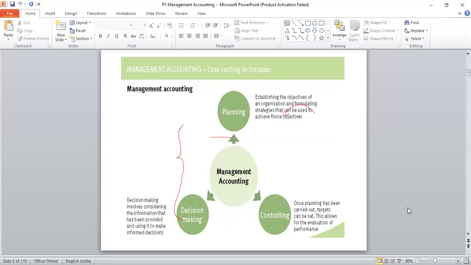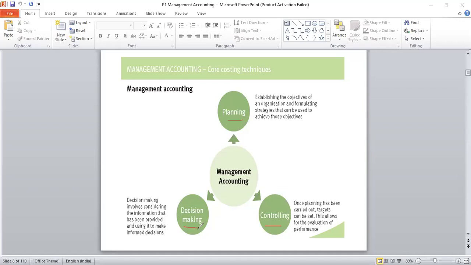Then we see management accounting is helpful in planning, controlling, and decision making. So the areas where management accounting is applied is in terms of preparing plans for the future. After the plans are prepared, they have to be implemented.